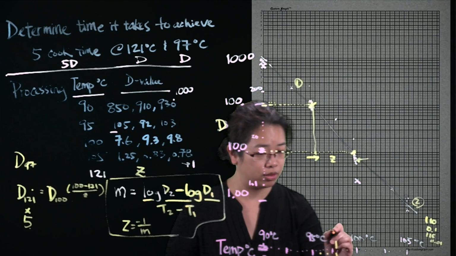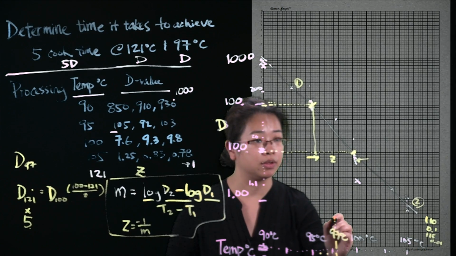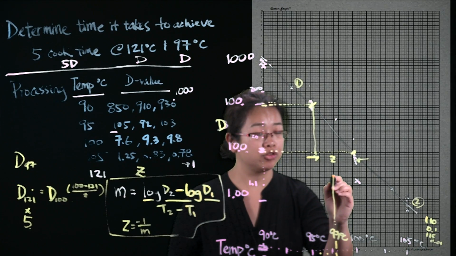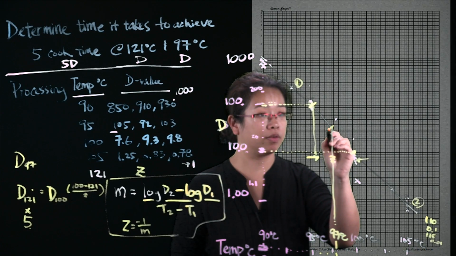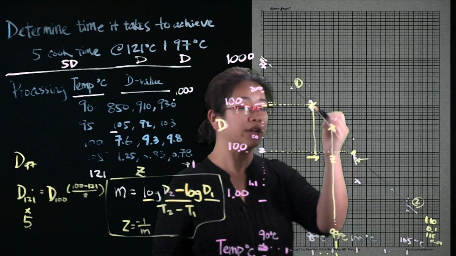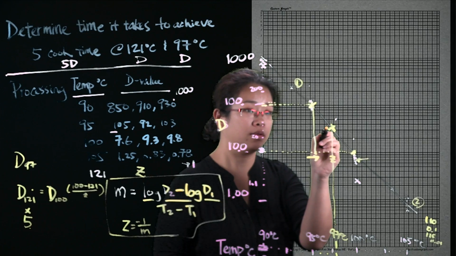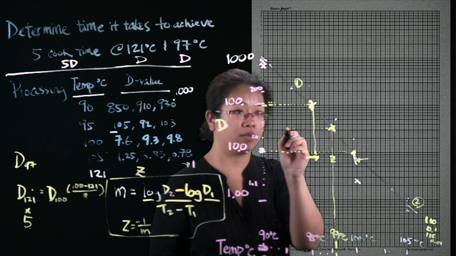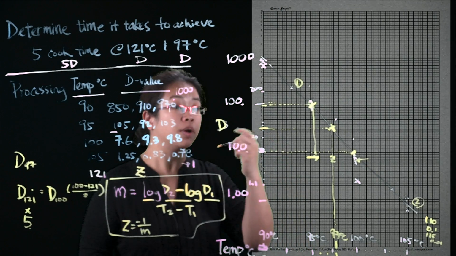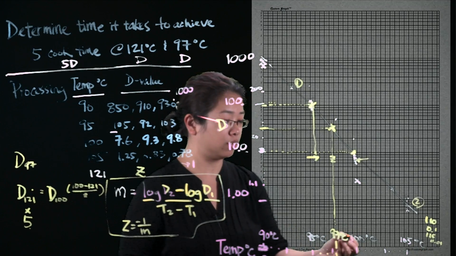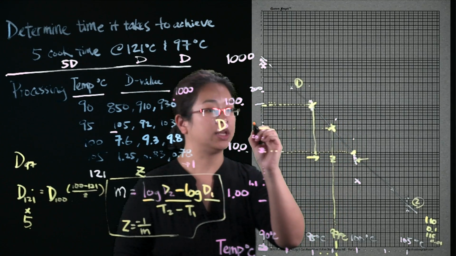Sorry, it's hard to get very precise drawing on this graph. So we go at 97, go up to where the supposedly very linear curve is, and determine the D value by visually inspecting the graph.